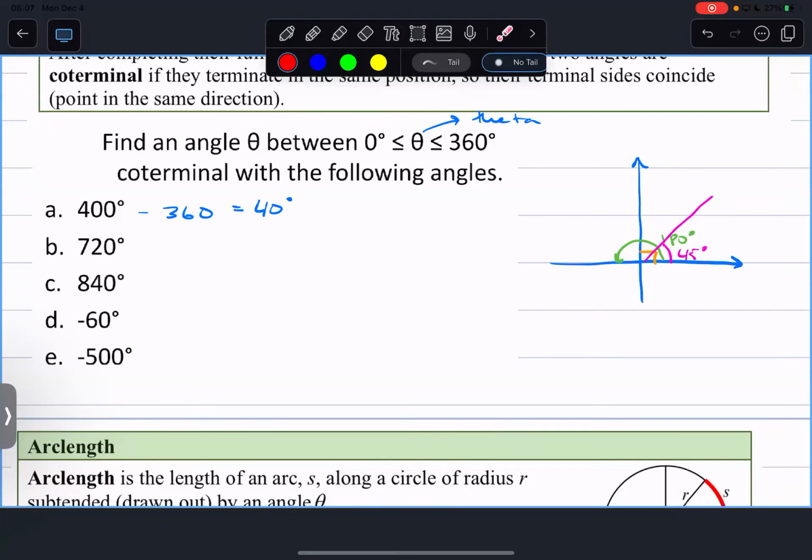720. I don't know. I need a calculator. Minus 360. I know that's not going to do it probably. 720 minus 360. Is 360 going to go for 0? 840 minus 360 is 480, minus 360 is 120.